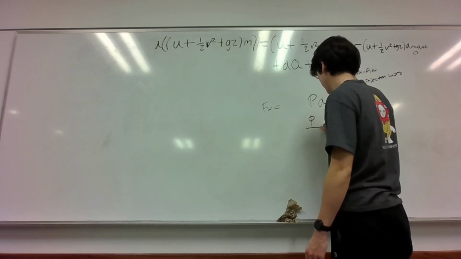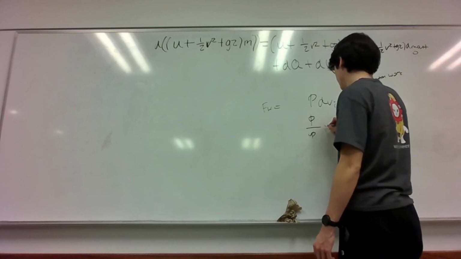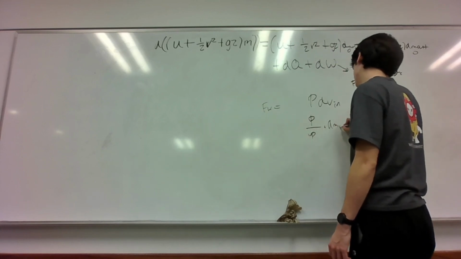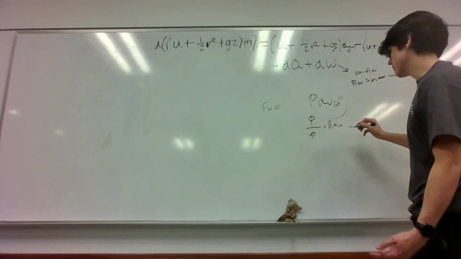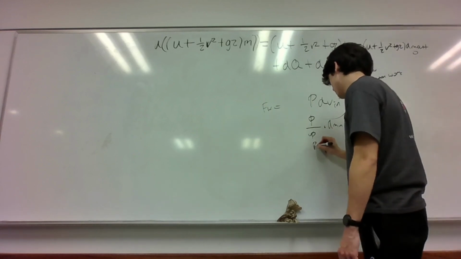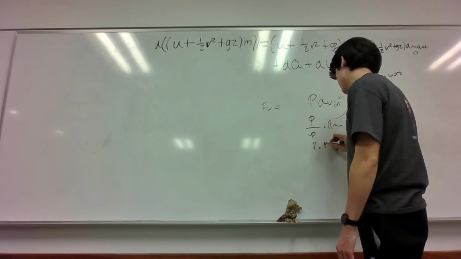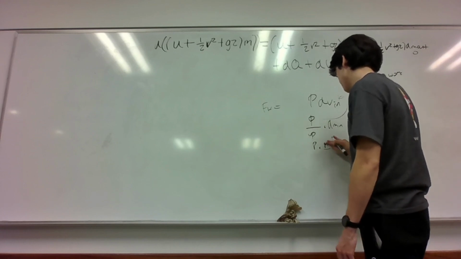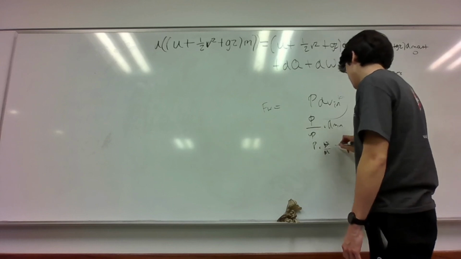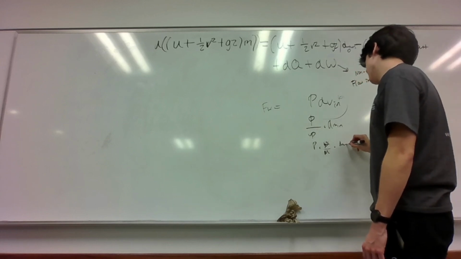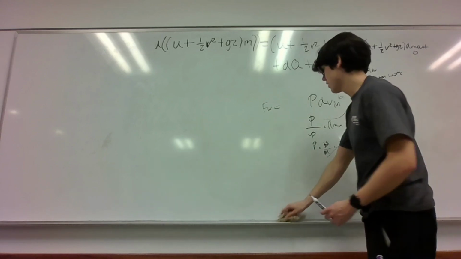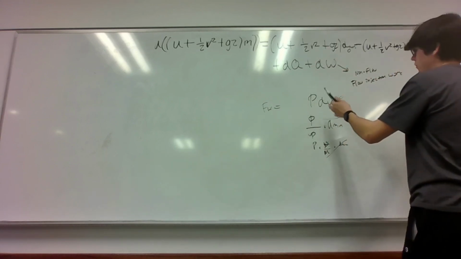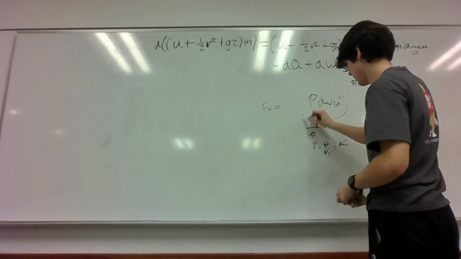So pressure over density times dm_in will give us this expression, because it'll be pressure times volume over mass times dm_in. These will cancel out and we're left with pressure and volume still. So we can go ahead and rewrite flow work as this expression here.